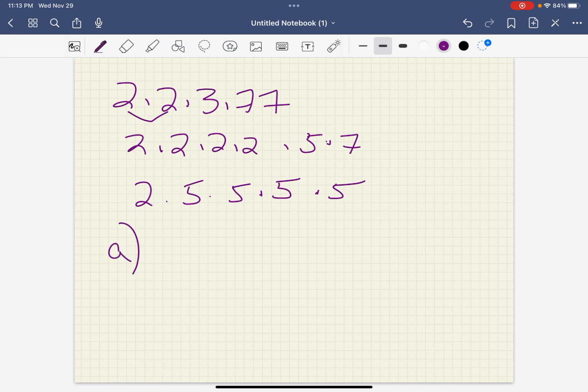So this is 2 times 2 is 4. 4 times 3 is 12. And so 12 times 7 times 7 is 49. Okay, so the top number here is 588.